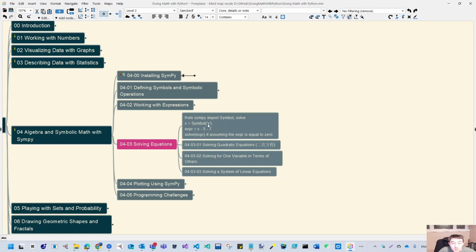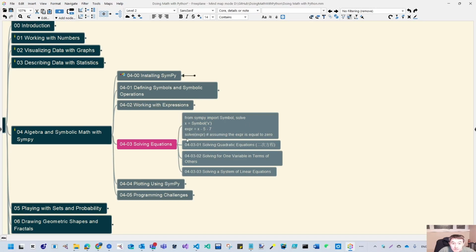When we solve an equation, we need to import the solve function from the SymPy library, and you can see the syntax. Using symbols, we define x as our symbol, and we make our expression a simple expression.